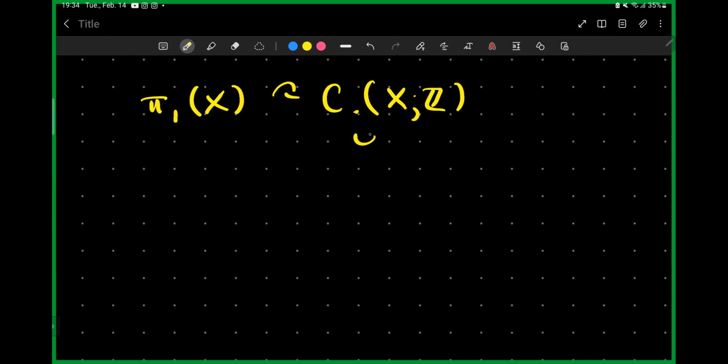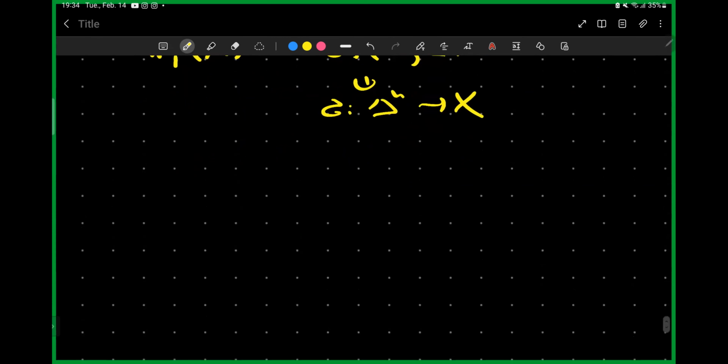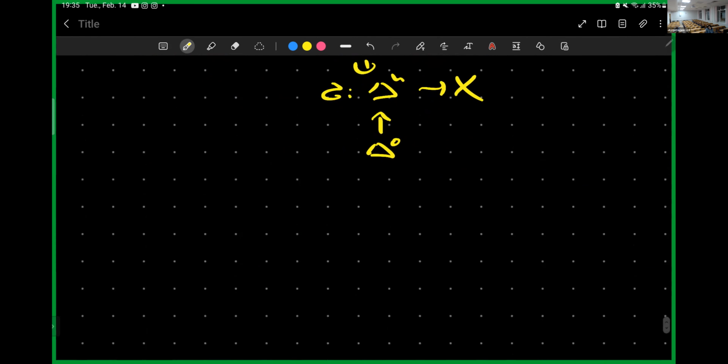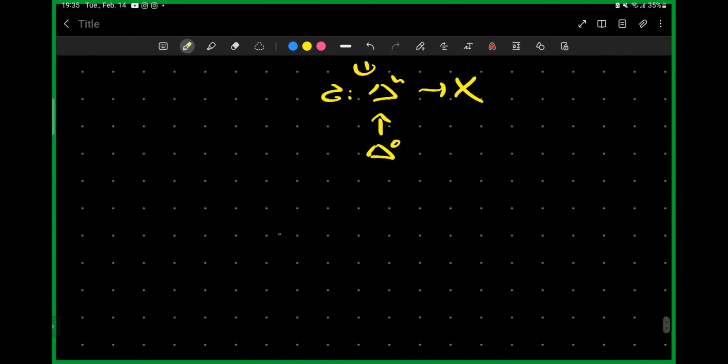So we have a singular simplex here, and then it has obviously some base point here, and then we can use the following. So one moment. So I guess we can try to do something like this.